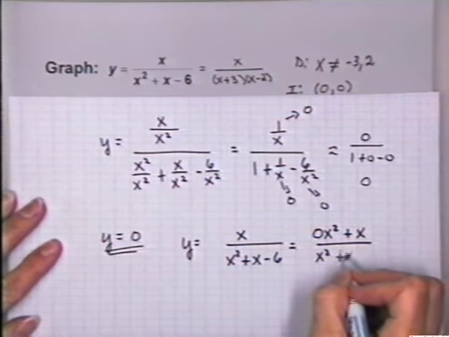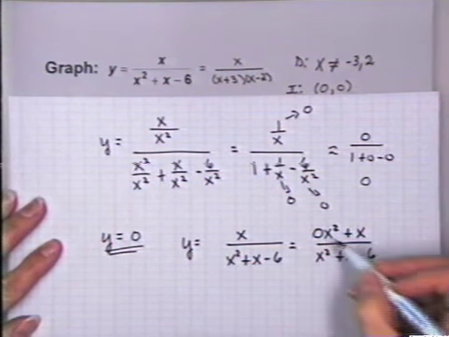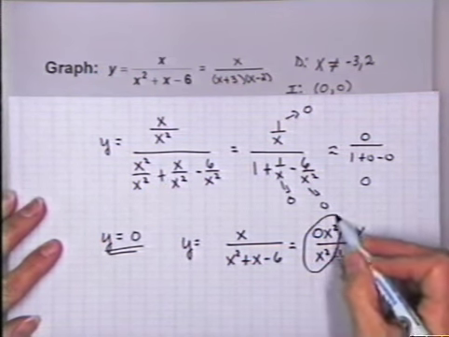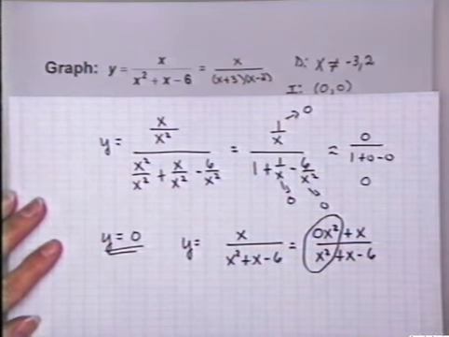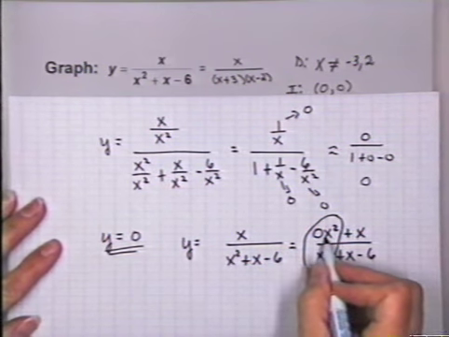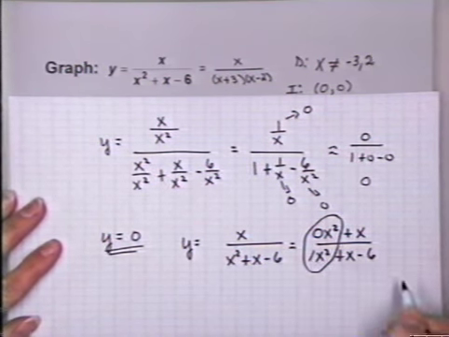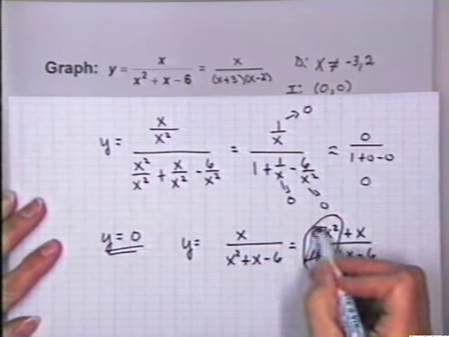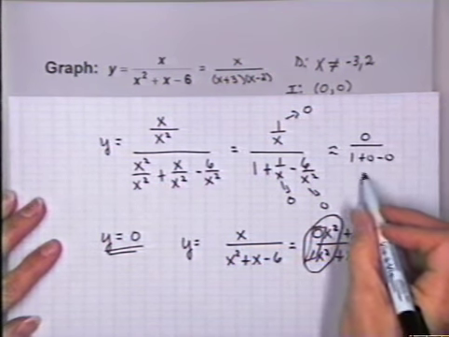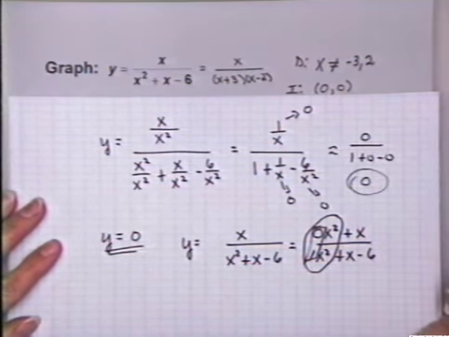Over x squared plus x minus 6. Now, notice this first part where I have that largest power of x. My coefficient up here is 0 and my coefficient down here is 1. Notice that 0 over 1 is what we got to give us our horizontal asymptote.